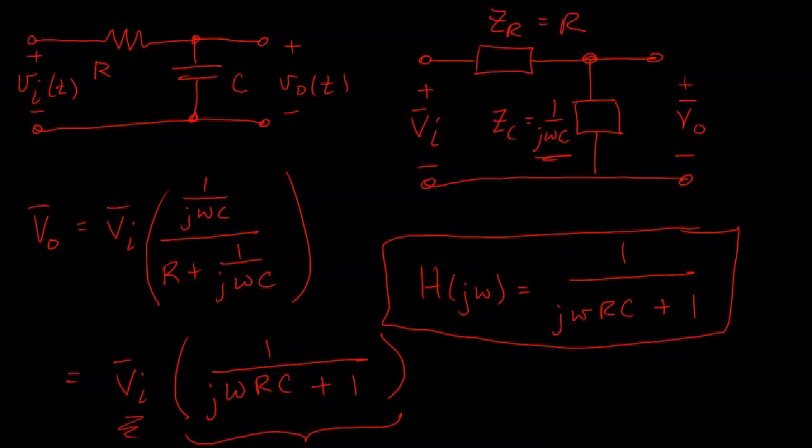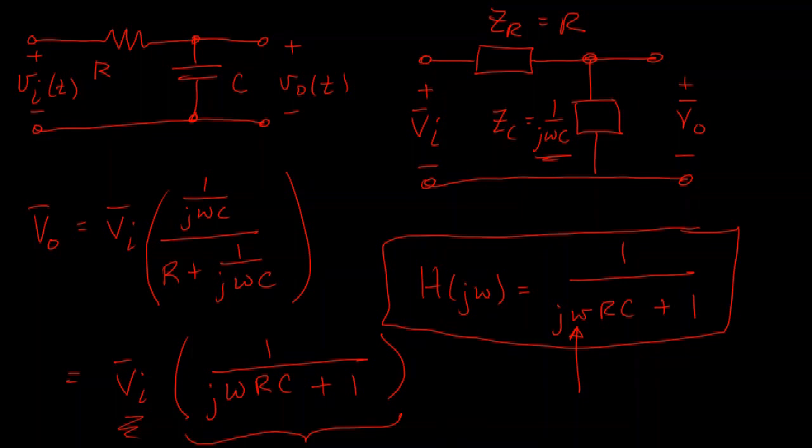It does it in the frequency domain because this expression has to do with frequency. Obviously, we have omega right here. H is going to evaluate to a complex number depending on where you evaluate it in frequency. Obviously, if we evaluate it at the frequency omega equals 0, then we would just get 1 over 1.